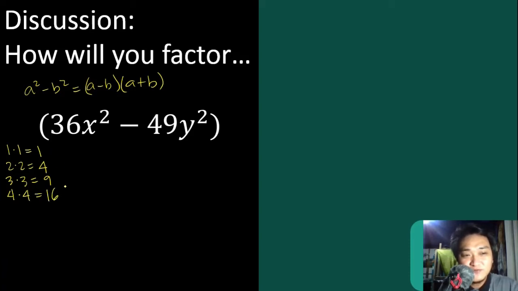So, ito yung mga perfect square numbers: 1, 4, 9, 16. 5 times 5 is equivalent to 25.